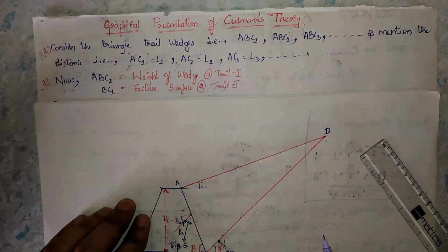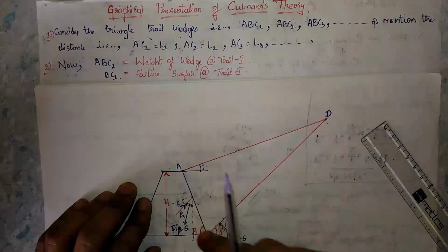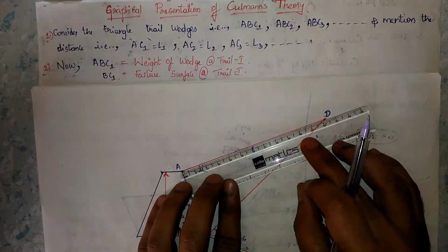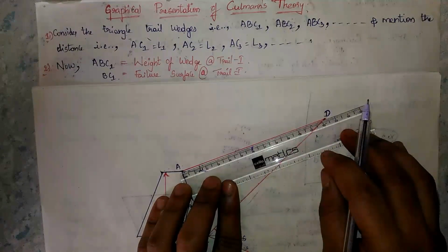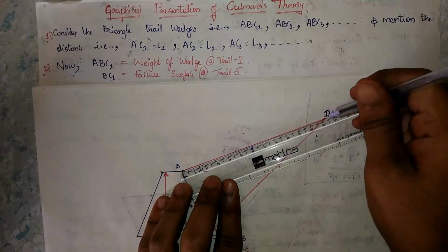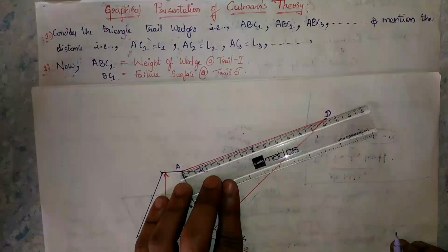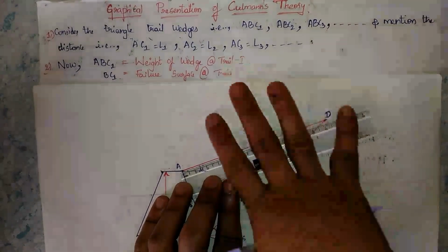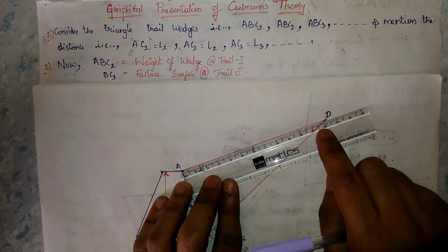To consider these triangular wedges, by taking this sliding wedge theory, we have to measure this AD distance, and we are getting 12.4. If we want to consider 3 or 4 wedges, we have to take 12.4 by 3 or 12.4 by 6.